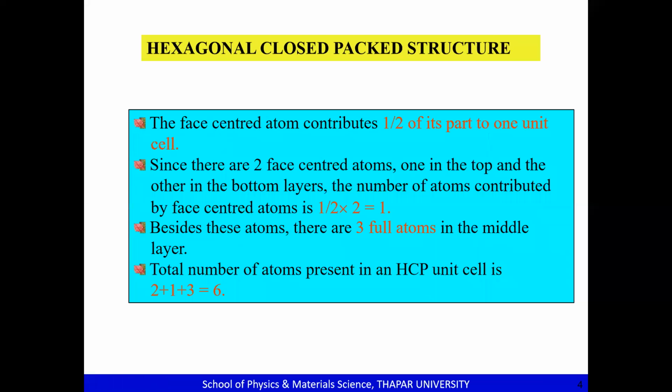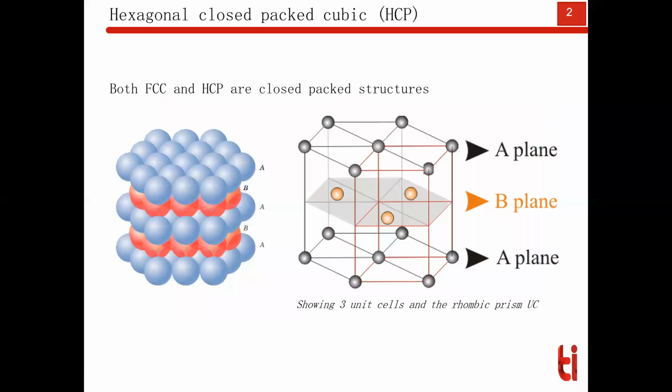The face-centered atoms contribute half of their part to the unit cell. This is same as what you have in the cubic geometry. If you remember, this central atom, the face-centered atom, is half belonging to this unit cell and the other half belongs to the unit cell on the top of this. So every central atom contributes only 1/2.